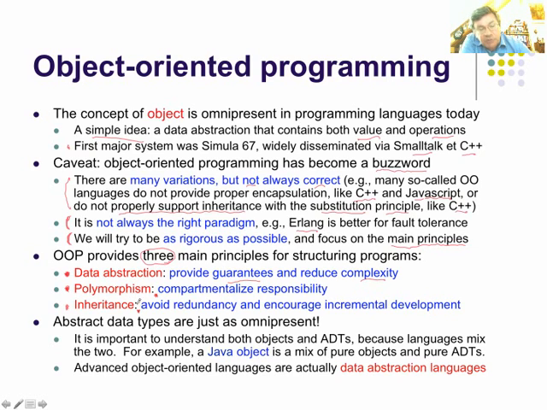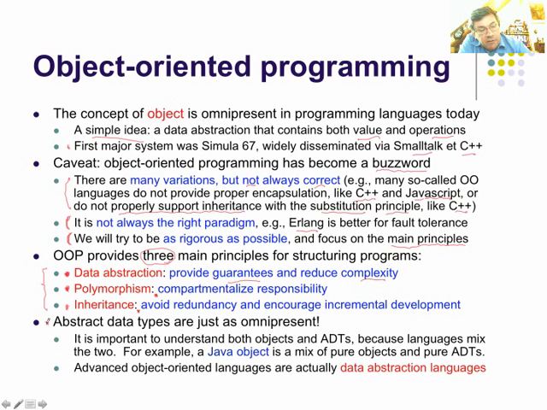So with inheritance, we can build data abstractions incrementally, and in that way we can avoid the kinds of redundancy that otherwise would happen. So these three principles are, for the purposes of this course, the main principles of object-oriented programming, and a system that calls itself object-oriented must provide all three.